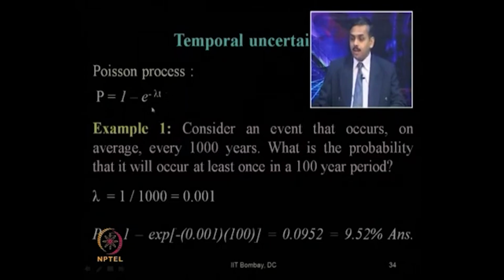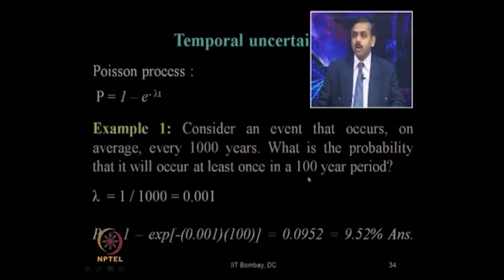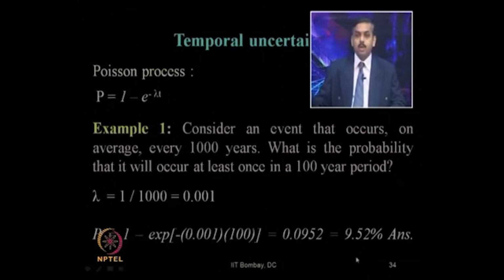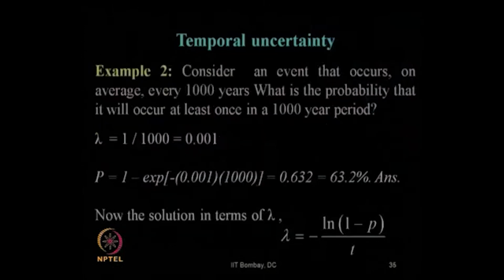So, 1 minus e to the power minus lambda t, with lambda 0.001, and our chosen time period is 100 years. If we simplify this, we get the value 0.0952, which is nothing but a 9.52% probability. So, that is what it says: occurrence of that particular event in a 100-year period at least once is only 9.52%. Okay? That is how we always express the probability.